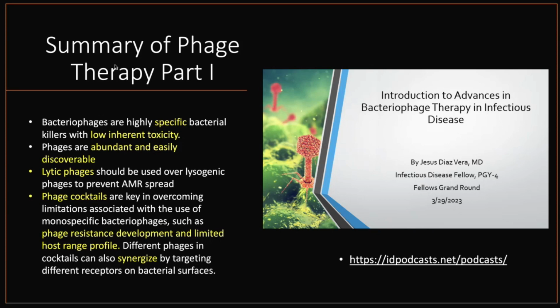Sometimes you can have different strains and different heteroresistance of the same organism. And so with phage cocktails, you're able to expand your host range profile to produce better outcomes. And again, different phages in a phage cocktail can synergize. So a concept called phage to phage synergy, which is beyond the scope of this conversation. I'm going to focus mostly on phage antibiotic synergy.